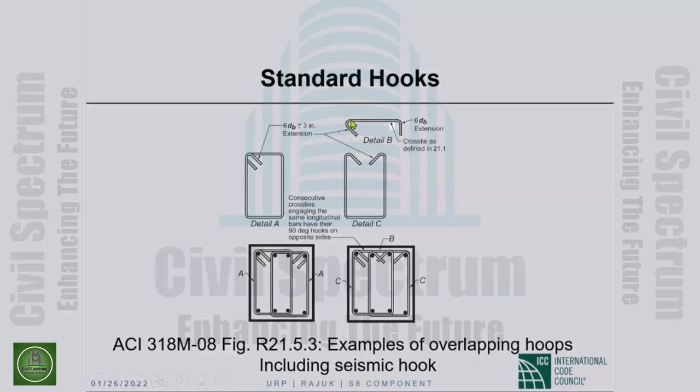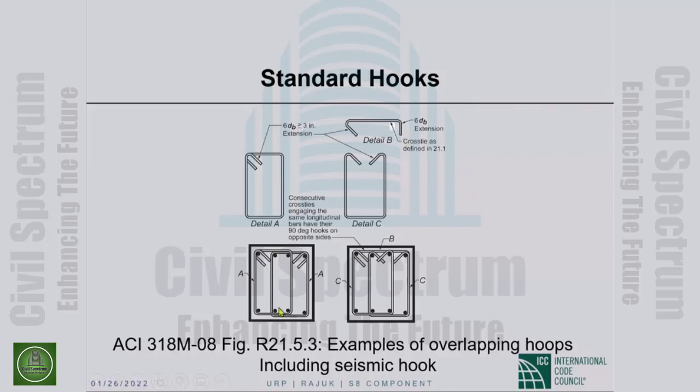If the 90 degrees is on the right face on this hoop, on the next hoop, the 90 degree has to go to the left face and alternate. So every other one, the 90-degree hook will be on the right face. Every other one, the 90-degree hook will be on the left face. Okay. So this is a two-piece hoop, which is how typically things are done.